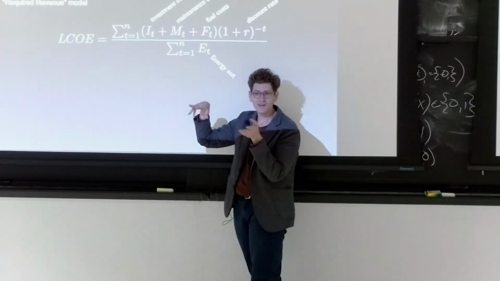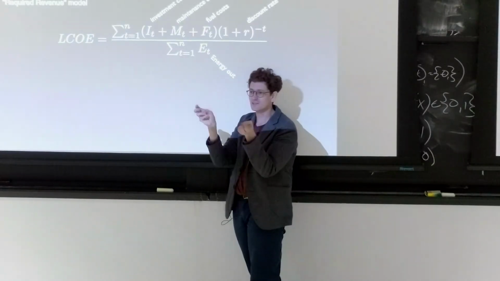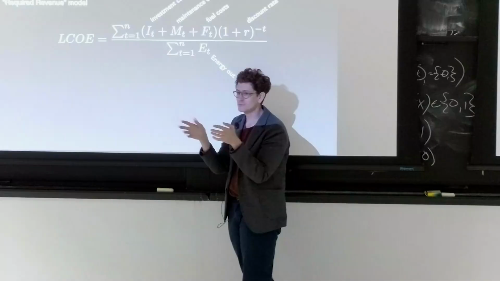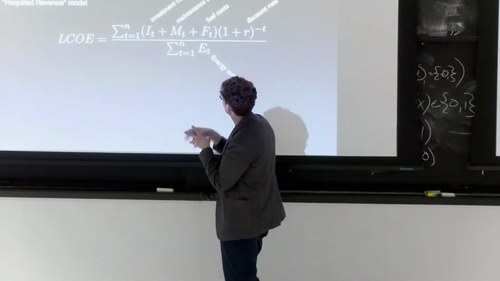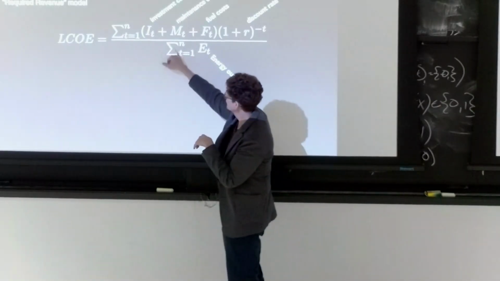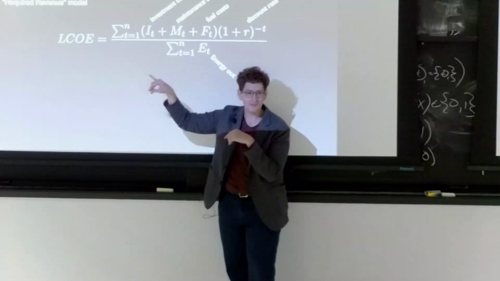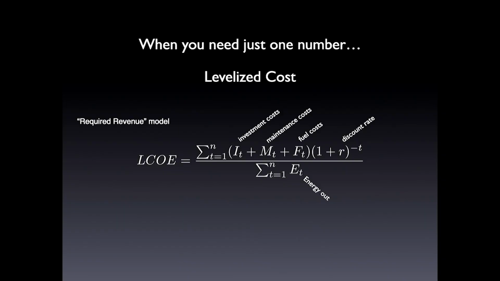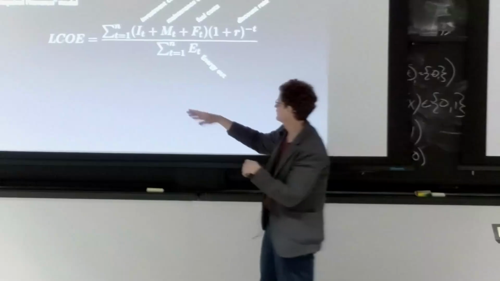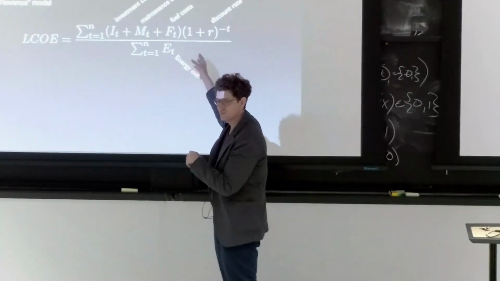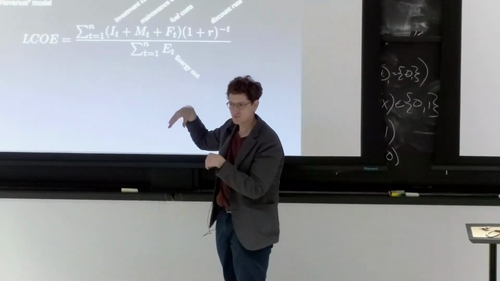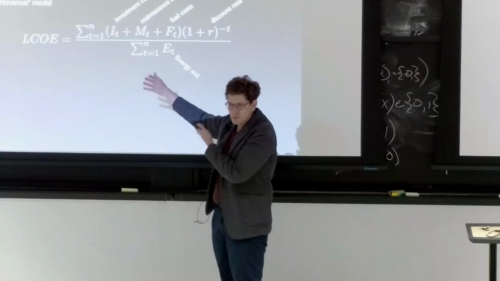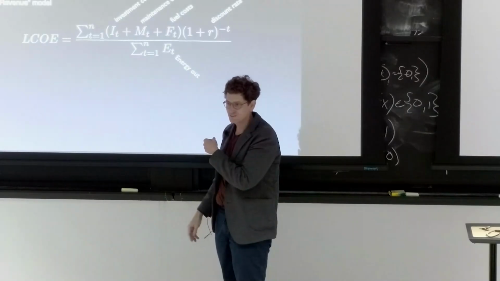So it's the net present value of essentially the electricity over the whole life of the plant. And in this energy out term, the denominator embeds an assumption about how often that plant operates. Every period there's going to be some amount of generation being produced, so it embeds that inside of it.